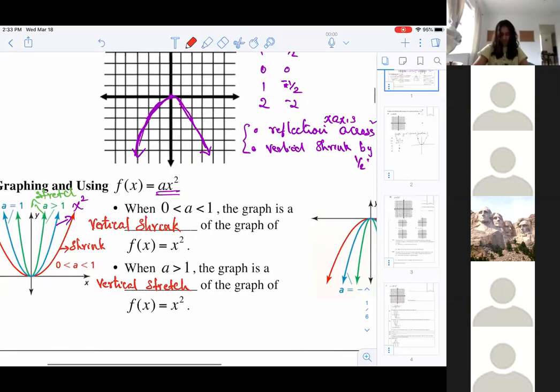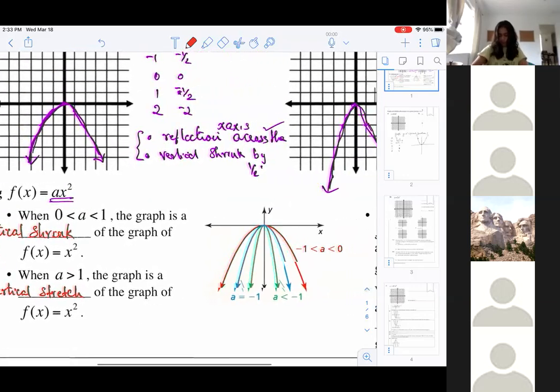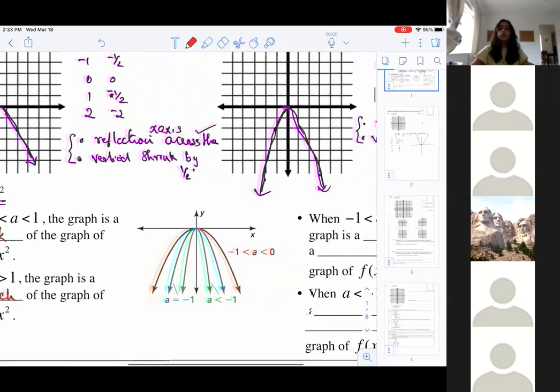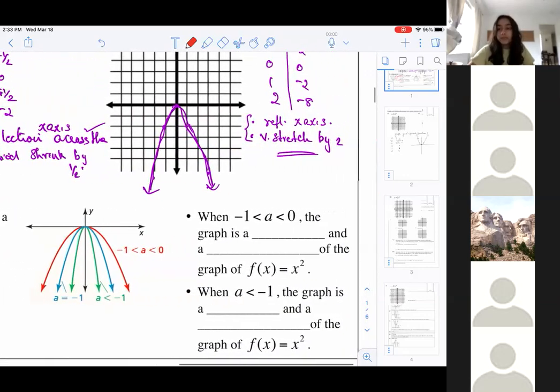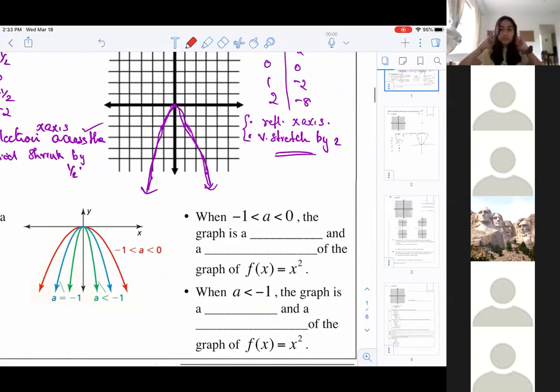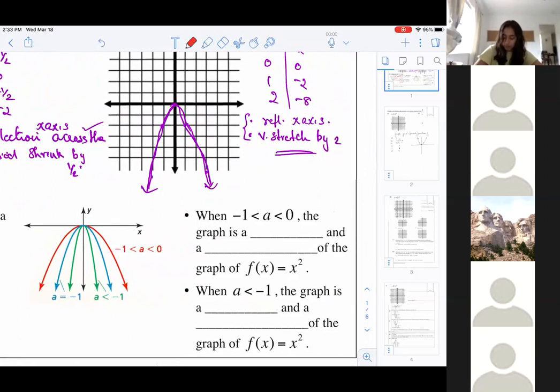Moving to the right side, what is it when it is a negative? Reflection. I think it will be confusing if you just fill out this.